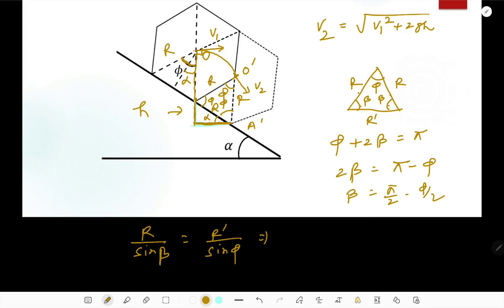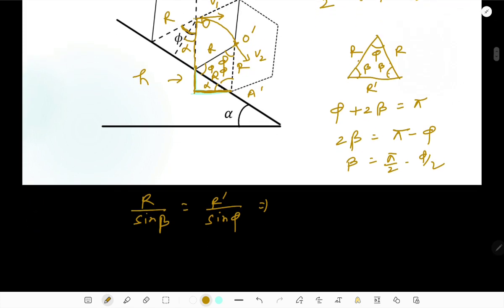That means I could have written r upon sine of (pi by 2 minus phi by 2) equals r dash upon sine phi.